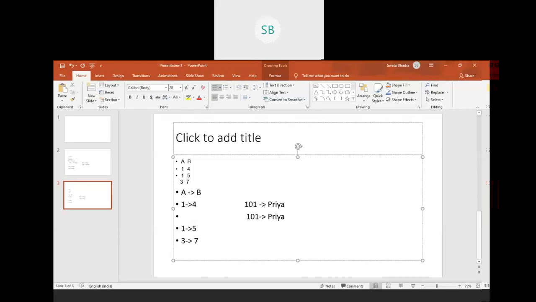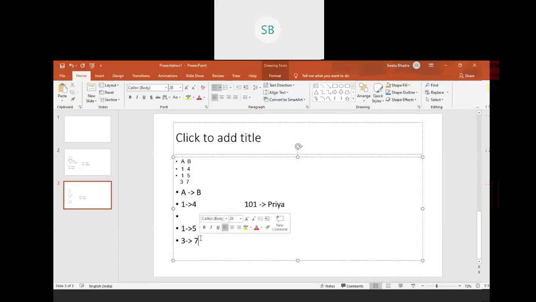So this is a valid case. Similarly, in this case, if 1 determines 4 and 1 determines 4 again, then A determines B would have been correct. But in this case, it determines 5, so that is why it is wrong.